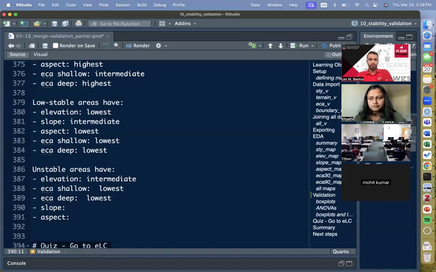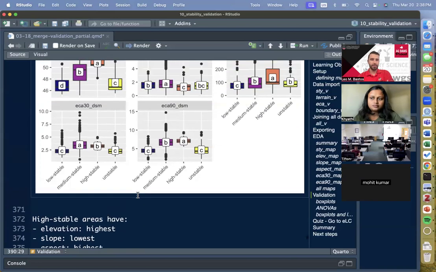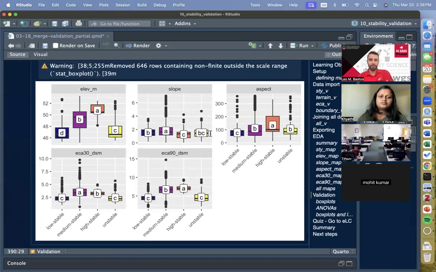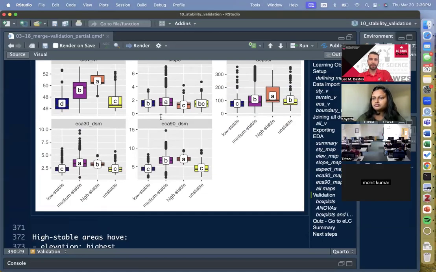Marco, what about slope? Intermediate low. Let's just double check here. So slope on unstable, yep, intermediate low, right? Because it's not only C, it has that B as well, meaning that it is not different from low stable either.